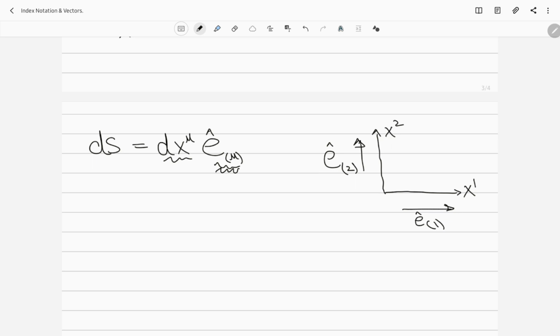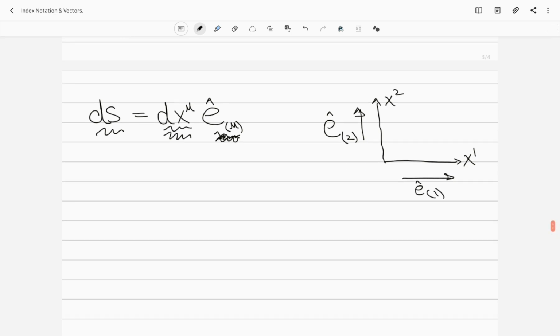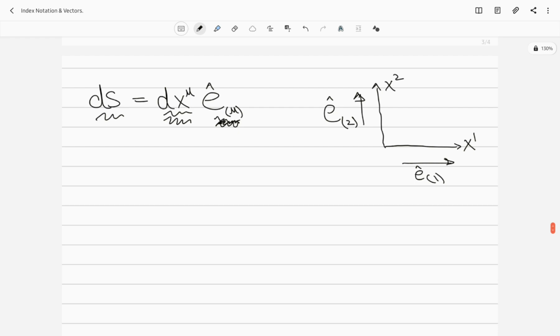Now the trick that I said we will use is that we want ds to be invariant, but then knowing how dx^μ transforms, we can get how this e hat_μ transforms. And let me show you how.